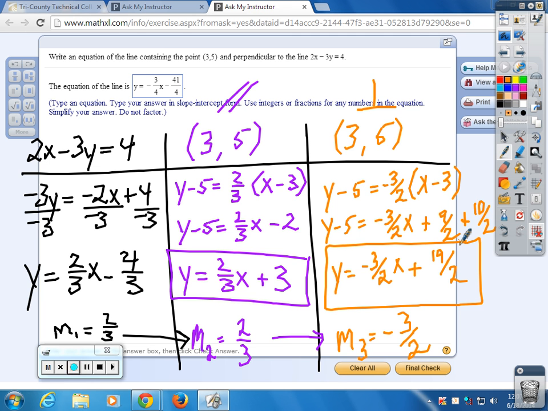Now they're asking, write one that is what? Perpendicular, so that's your answer. The answer that y'all typed in I don't think is correct, so we'll type it in and see what the answer is. Negative 3 halves x plus 19/2.